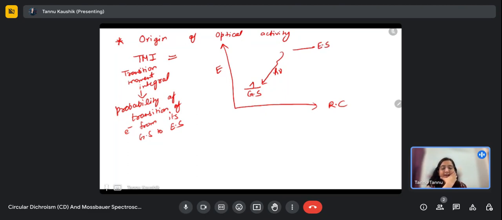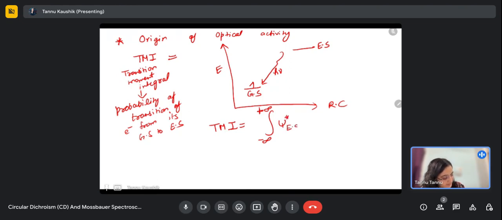For a chiral molecule, if we want to induce optical activity, there would be three factors involved for this transition, so that the light is absorbed, and the absorption of right hand circularly polarized light and left hand circularly polarized light will take place.